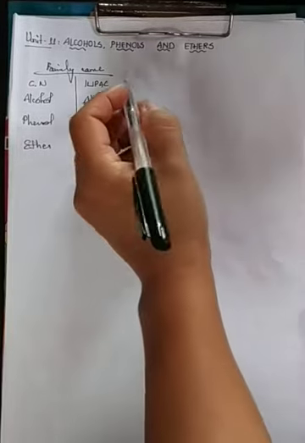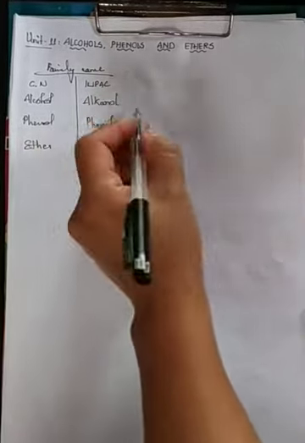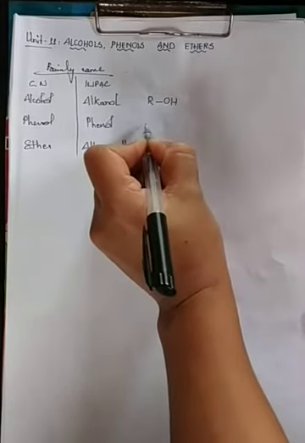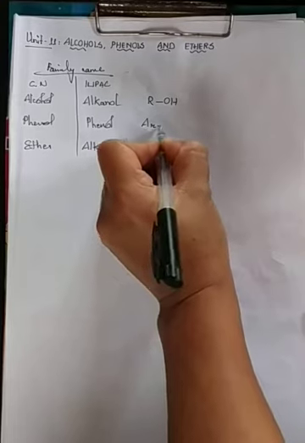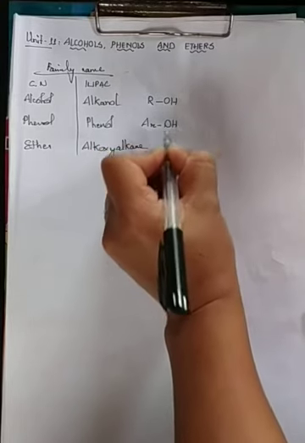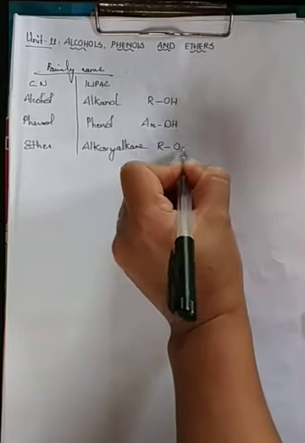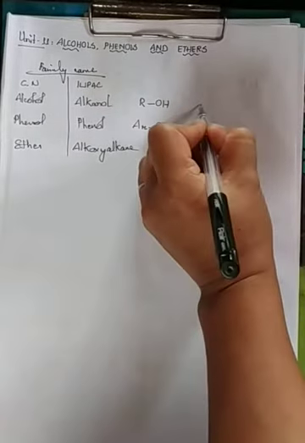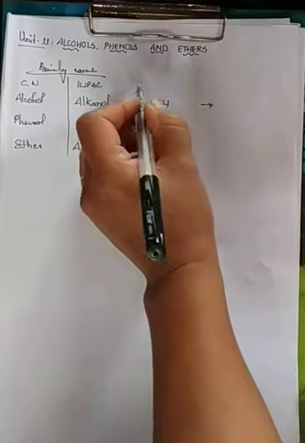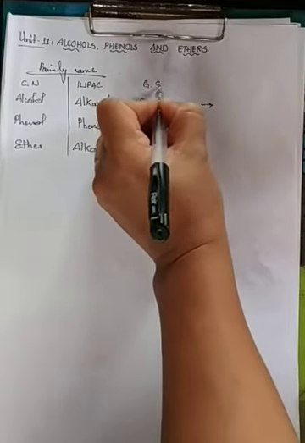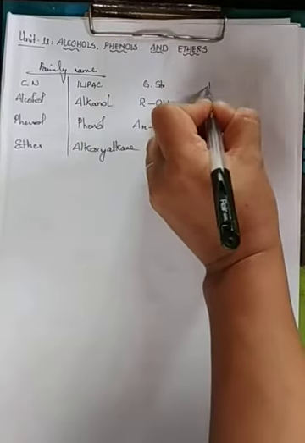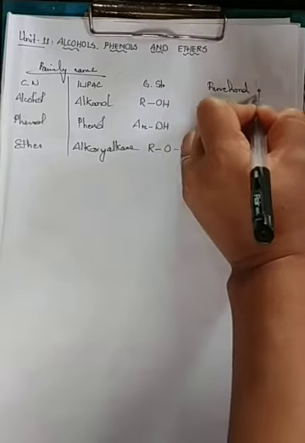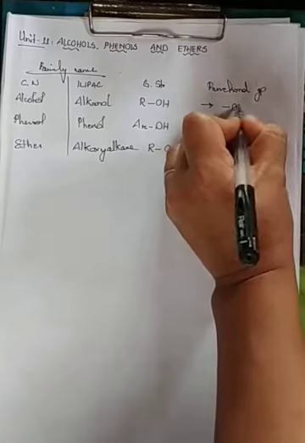Now, the general structure of our alcohol is ROH. For phenol, R is replaced by an aryl group, ArOH, and for ether it is ROR. Here, the functional group in alcohol is the OH group.